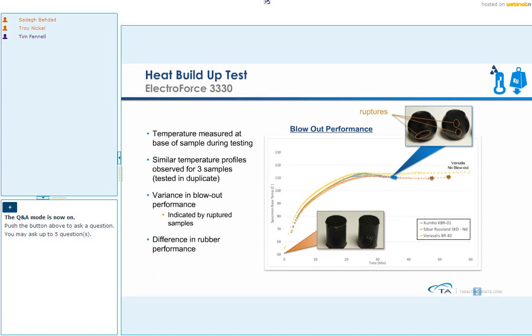So looking at these samples, you can see that there are going to be some ruptures in the material as the rubber bonds break, and some gases are created due to the breakage of those bonds and chain rupture.